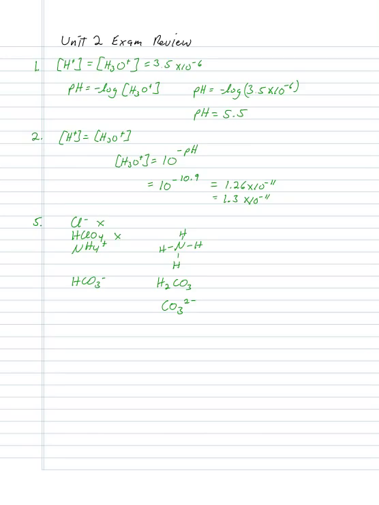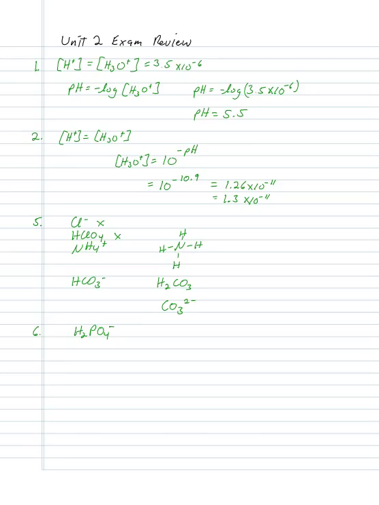Okay, number 6. So we're looking for the conjugate acid of H2PO4 minus. If we're looking for the conjugate acid, then H2PO4 minus must be acting as a what? As a base, because what has conjugate acids? Bases have conjugate acids.